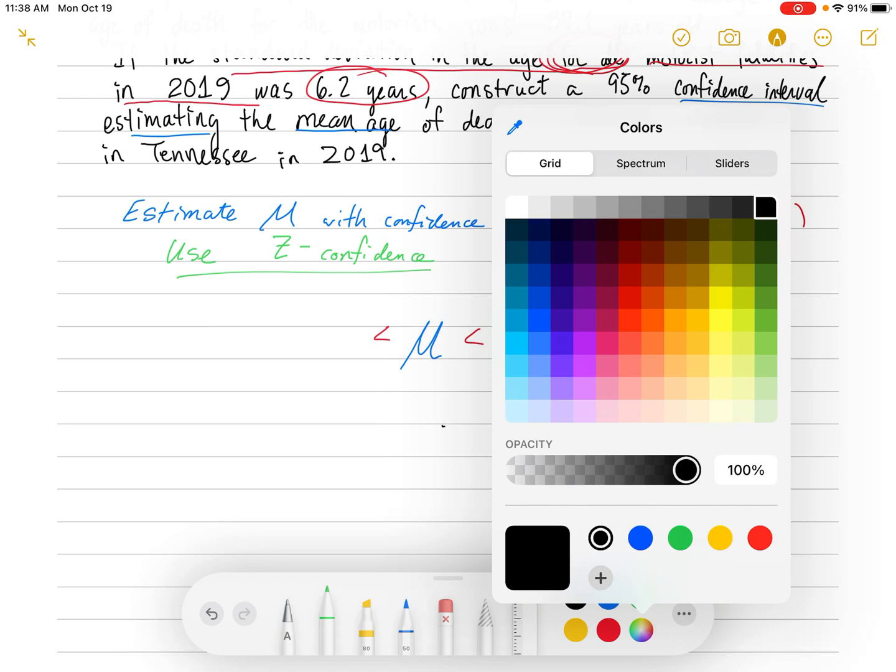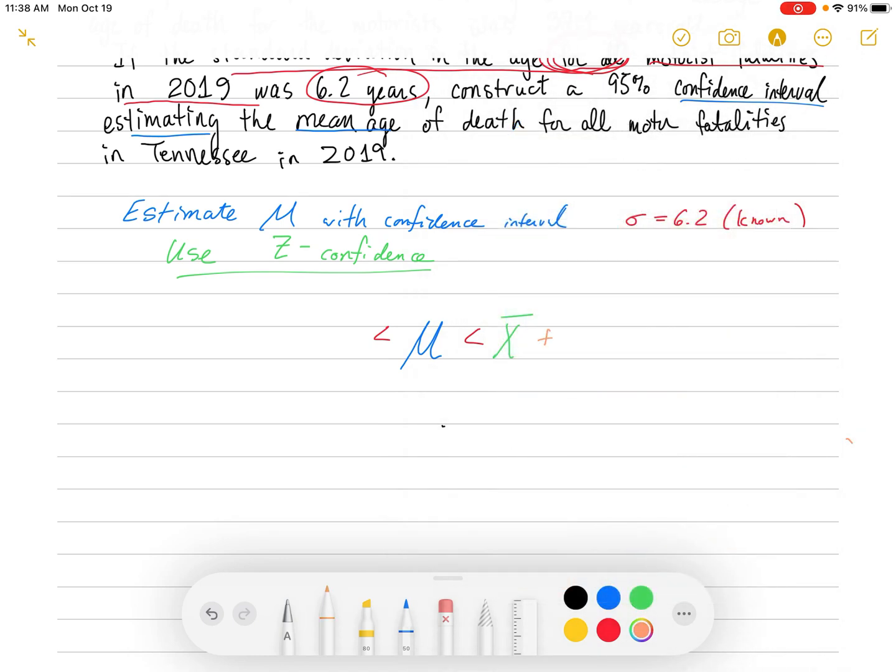So an upper bound, you take x bar, the sample mean, plus Z alpha over 2, the critical number for the Z score, times sigma, the assumed population standard deviation, divided by the square root of the sample size n.